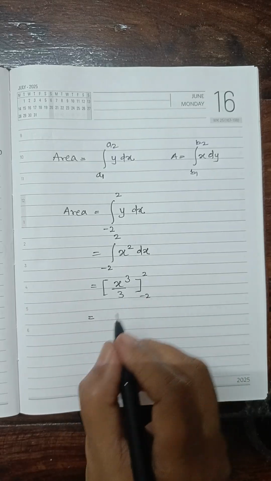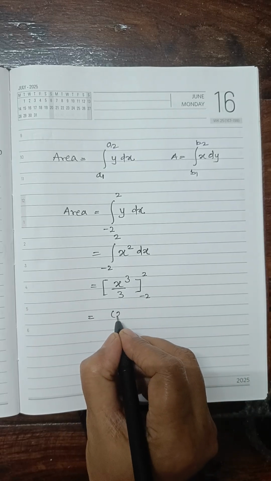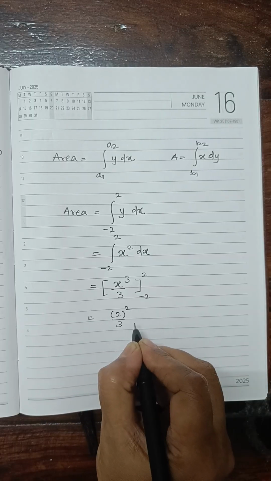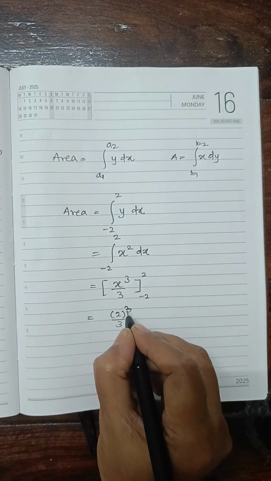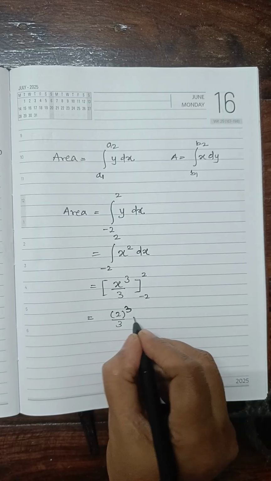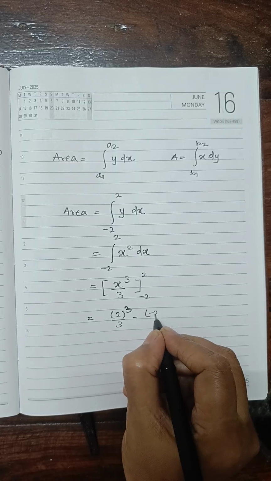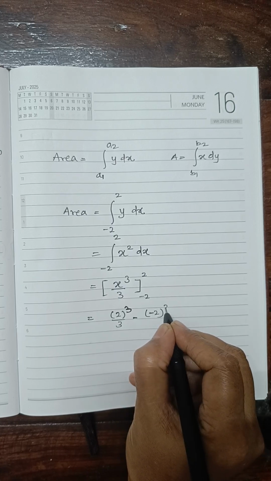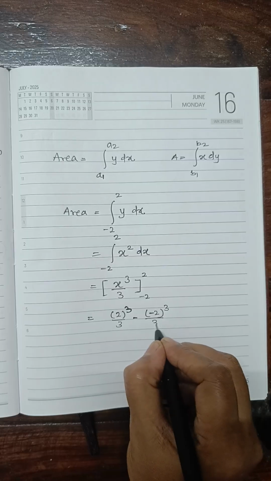Now the integral of x² is x³/3, with limits from -2 to +2. We have to put the upper limit first, that is (+2)³/3, minus the lower limit, which is -2, so minus (-2)³/3.